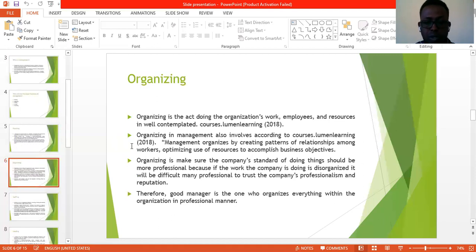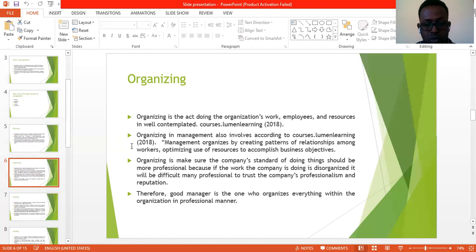Organizing is the act of arranging the organization's work, employees, and resources in a well-contemplated way, according to Course Element 2018. Organizing in management involves, according to Course Element 2018, creating patterns of relationship among workers or optimizing use of resources to accomplish business objectives.